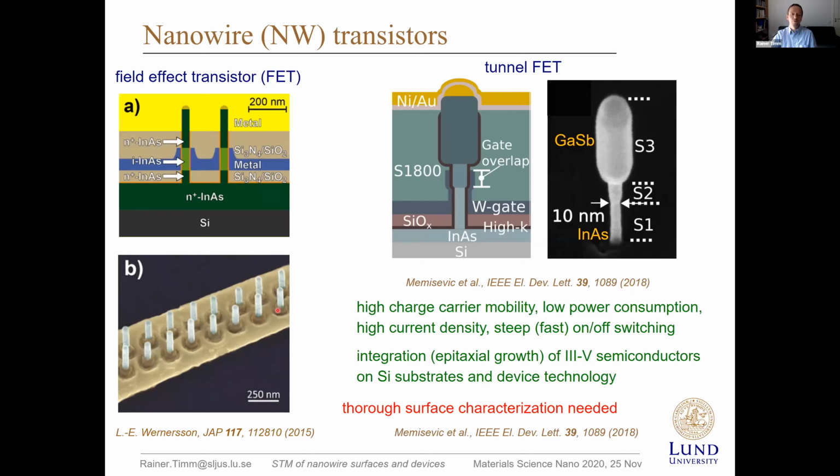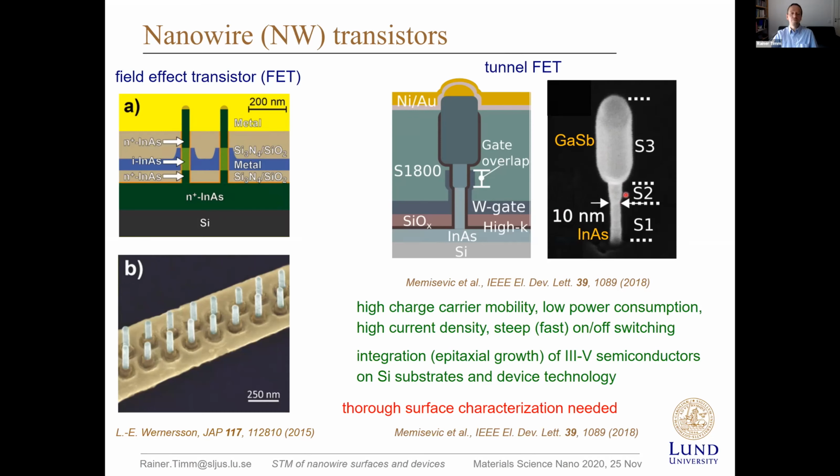And nowadays prototypes have been grown and processed with record performance in the tunnel field effect transistor geometry, where we have a nanowire here at the bottom, which is made of indium arsenide, only 20 nanometers thin. This is an SEM image of that. And then there's a different material with hole conductance, in this case gallium antimonide on top, and you have the tunnel junction in here.